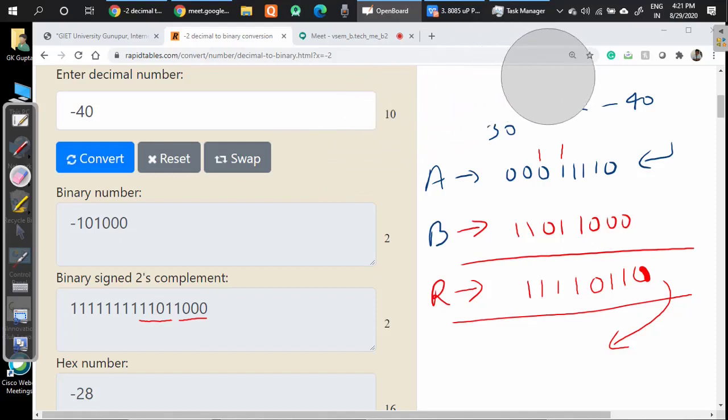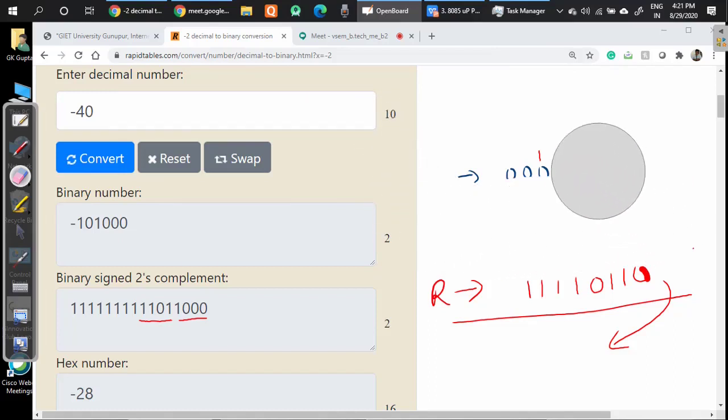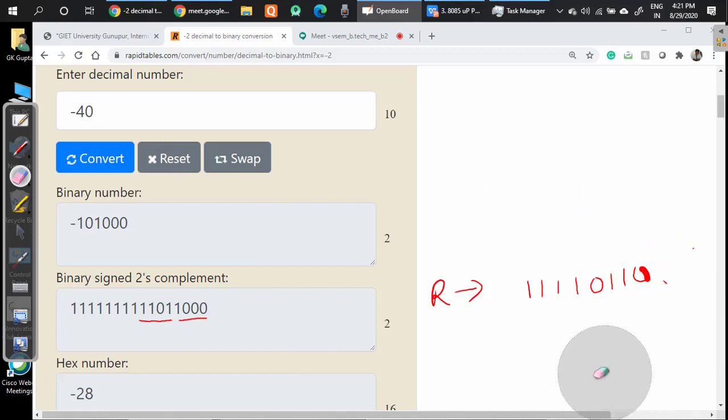I'm also erasing A and B, keeping only the result which is important for me. And this result I will write on top. So the result is 1111 followed by 0110. This is the result which I have got.